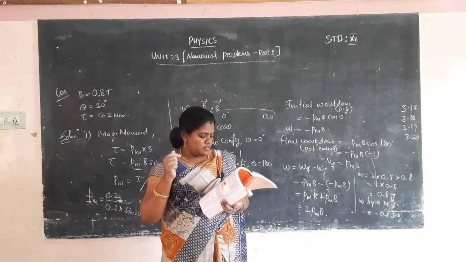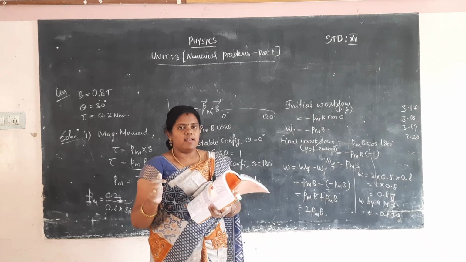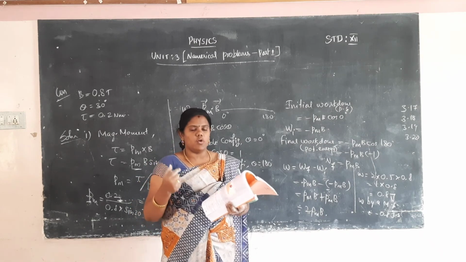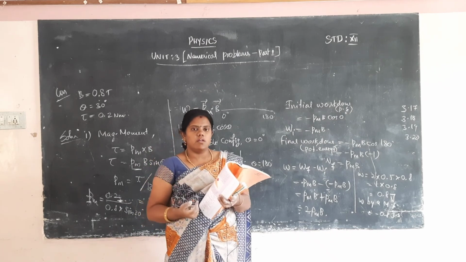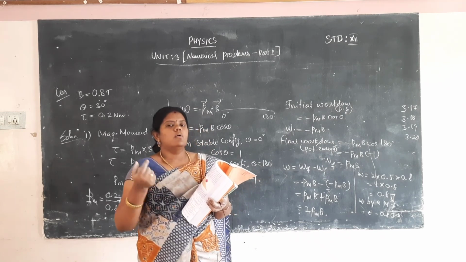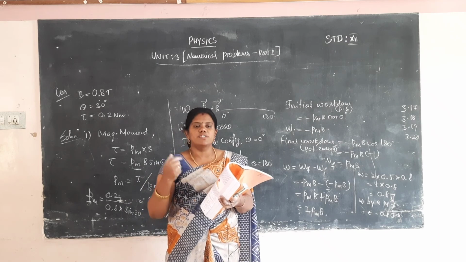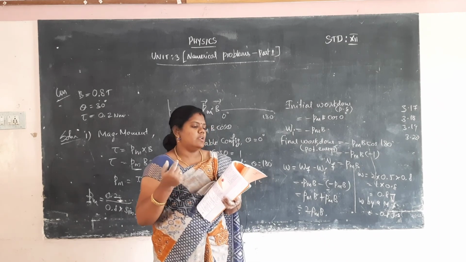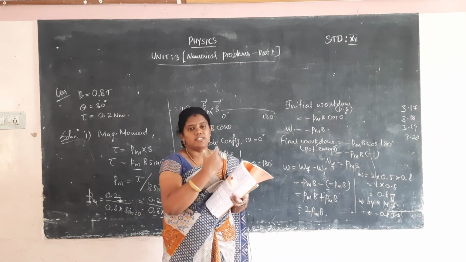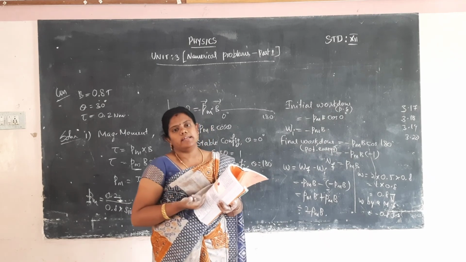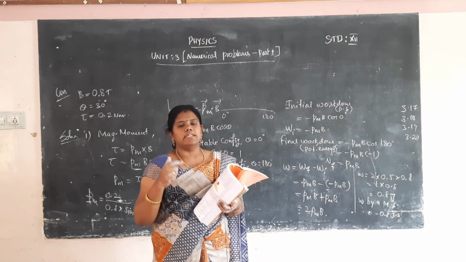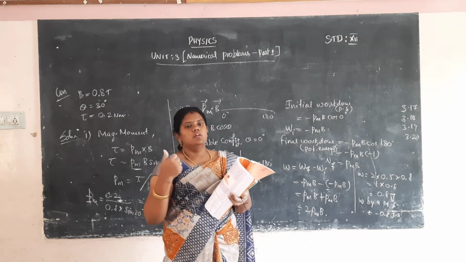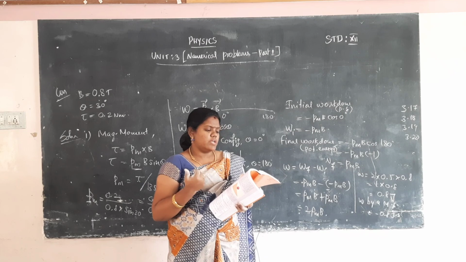And third, a circular coil having an area of cross section is kept in a magnetic field. What is the torque acting on the coil? What is the force acting on the coil? And how to calculate the average force acting on the conductor, and the average force acting on the 10 power 28 electrons, we also calculated.